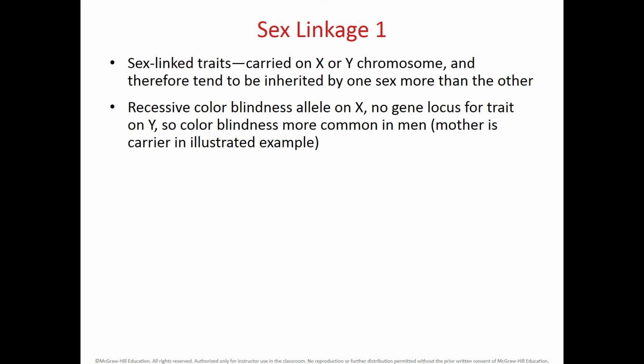But the daughter might not be, because the daughter has two X chromosomes, one coming from the mom and one coming from the dad. If the dad doesn't have the mutation but the mother does, then she will not necessarily be colorblind. But if she gets the color blindness trait from only one parent, and the other one is normal, she will be a carrier.